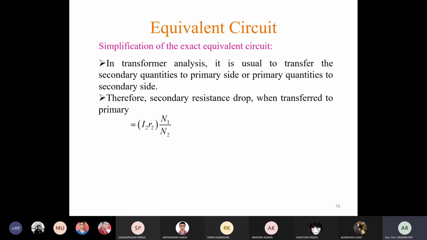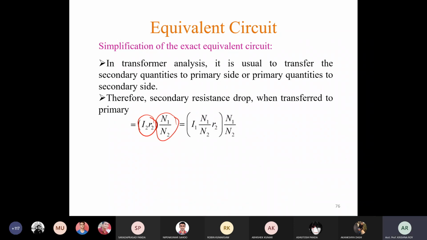If we multiply this voltage drop by the direct ratio, then it gets transferred to the primary side from the secondary side.